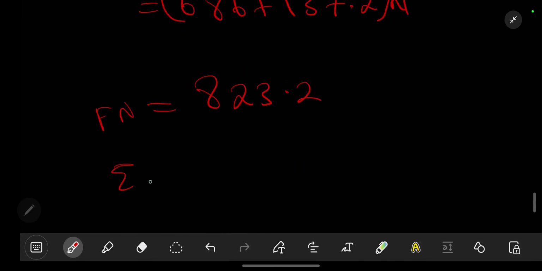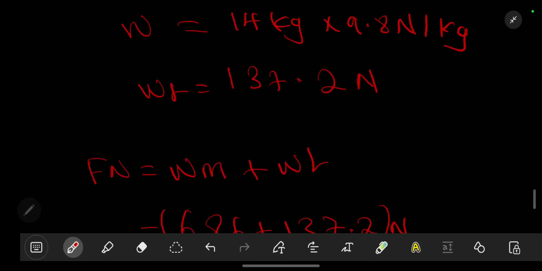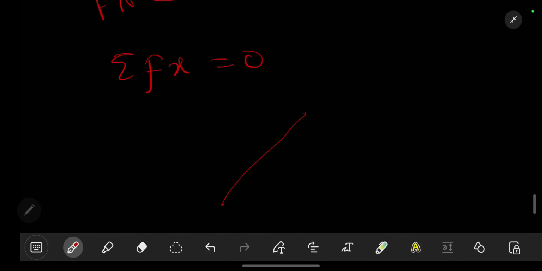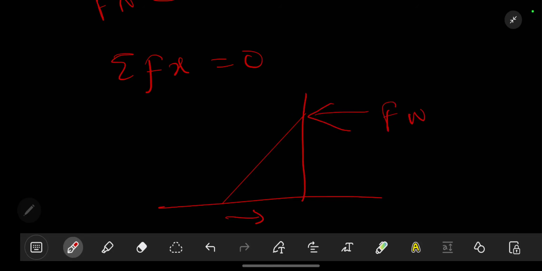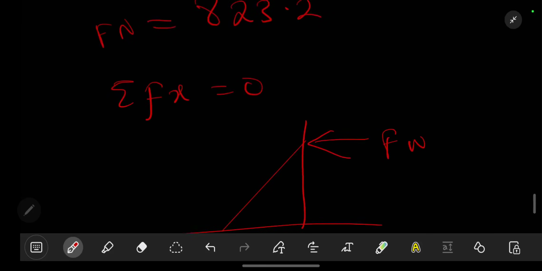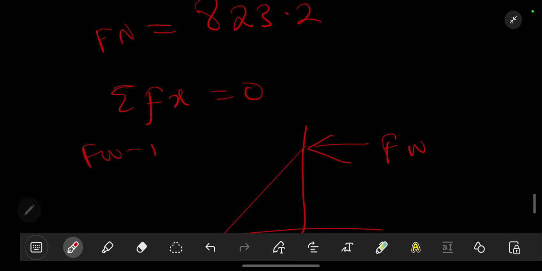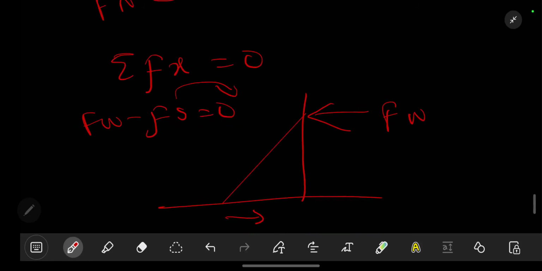Then from there we find the summation of forces in the x is equal to 0. Which forces are they? Remember, we have the frictional force, and we have the force on the wall, which is going to give us the force on the wall minus the frictional force is equal to 0. That means the force on the wall should be equal to Fs.